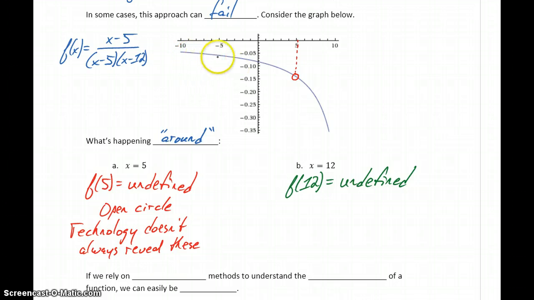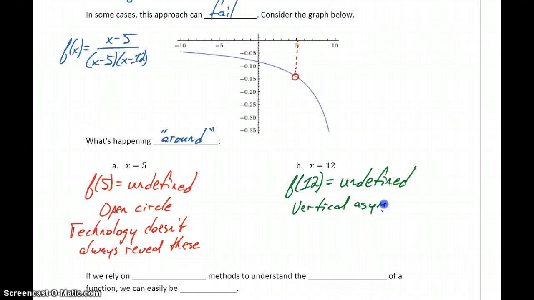In this case, this is the correct graph, but the way this particular program draws it, it doesn't include that open circle. They're leaving it up to whoever is working with this graph to understand that there is a break in the graph there.